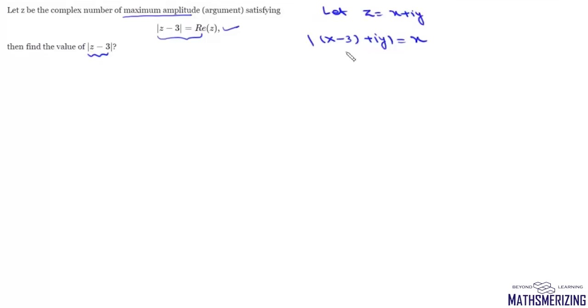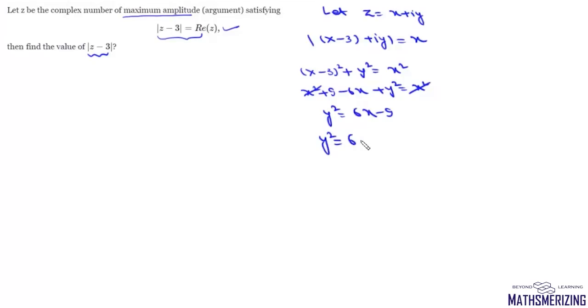So we'll find its magnitude and square it. So we'll write (x minus 3) square plus y square is equal to x square. So we'll get x square plus 9 minus 6x plus y square is equal to x square, which will get cancelled. So we'll write y square equals 6x minus 9, or y square is 6 times (x minus 3 by 2).